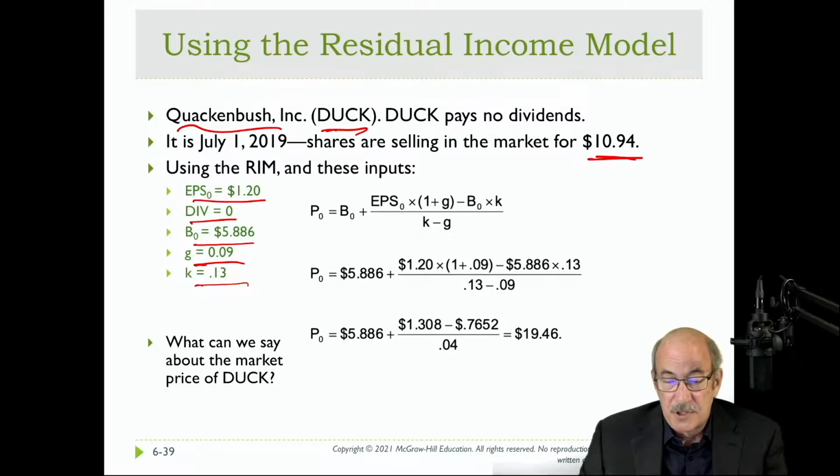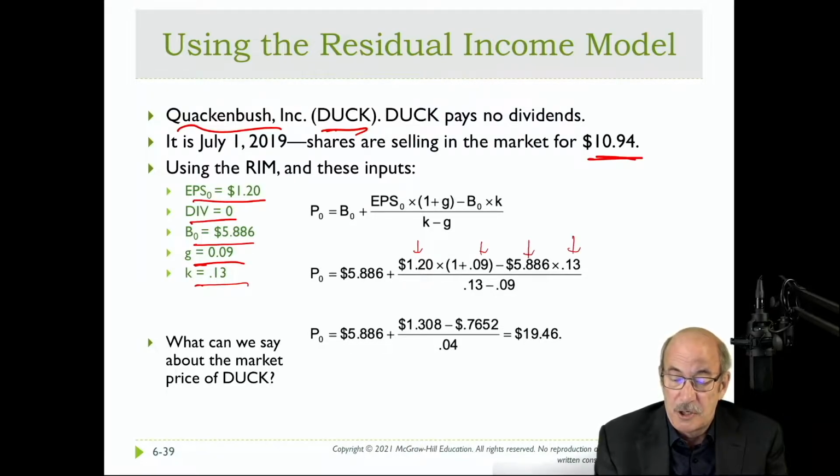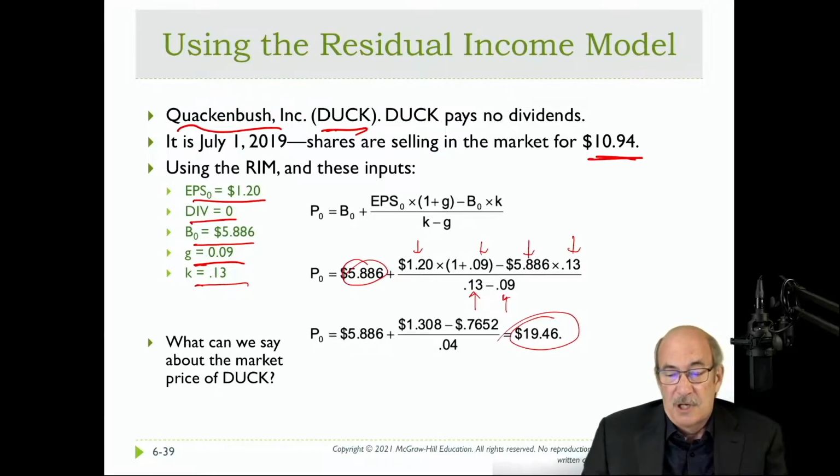So we can plug in our EPS, our growth rate, our book value of equity, required rate of return, likewise down in the denominator, and there's our growth rate. Here's the book value of equity again, and plug and chug, and out pops a number like this, $19.46.